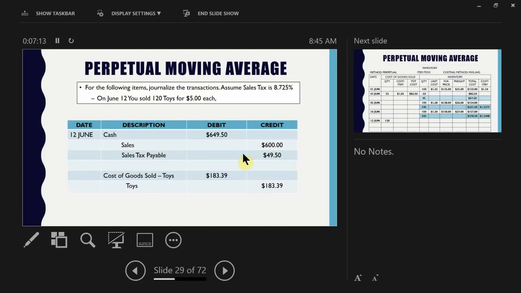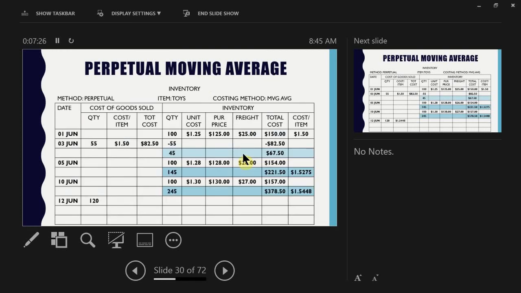So now we're going to go ahead and on June 12th, we sold 120 toys at $5 each. So in this case, we're going to sell 120 items.